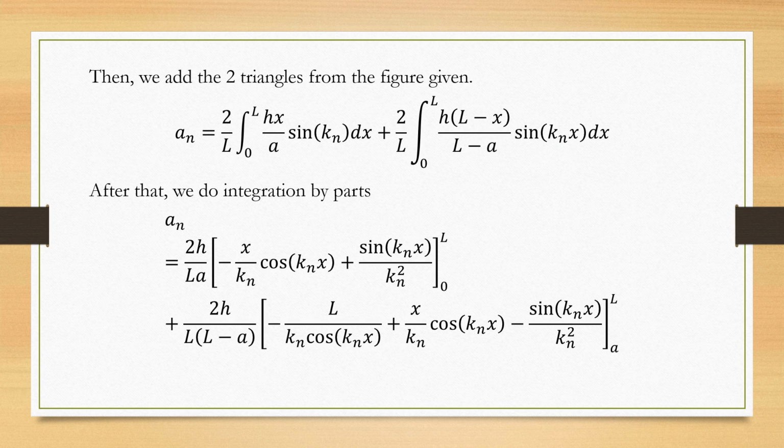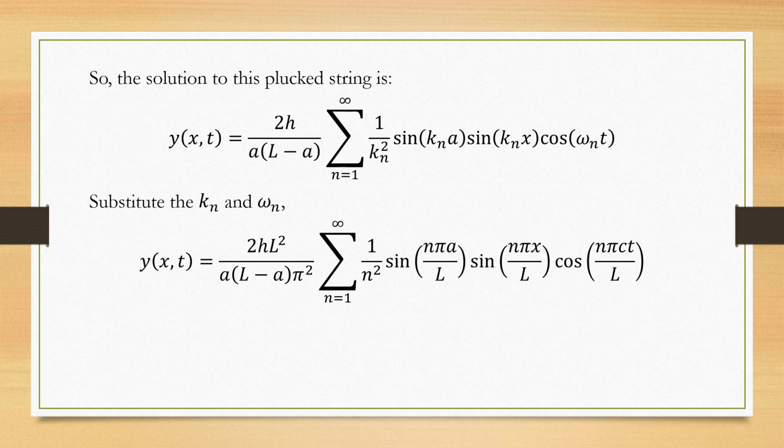From the previous equation we need to add the two equations that we have solved. For the two triangles, this one is the small triangle and that one is the big triangle, from the right triangles, and we do the integration by parts. So this is the equation for integration by parts. Then this is the solution for the plucked string, and we substitute back k_n and omega_n.